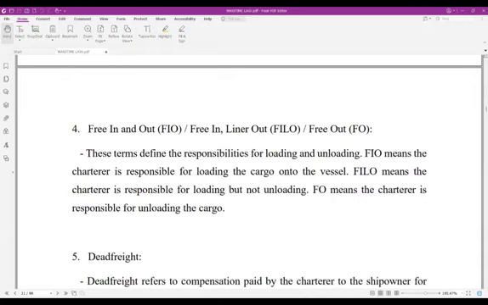Here they talked about the FIO, which means that the charterer is responsible for loading the cargo onto the vessel. The loading of cargo is premised on the charterer, that is the person hiring the vessel.